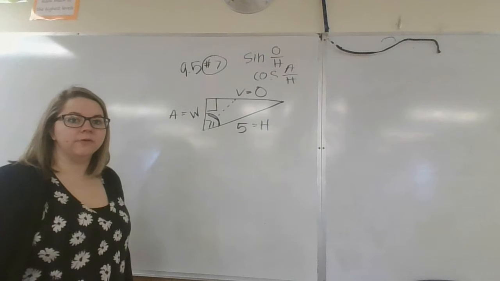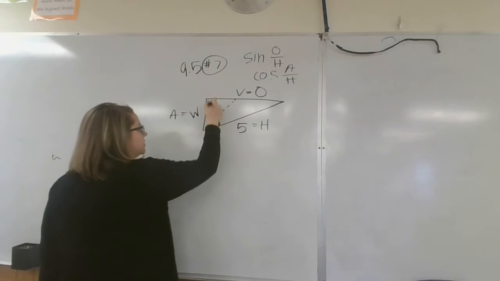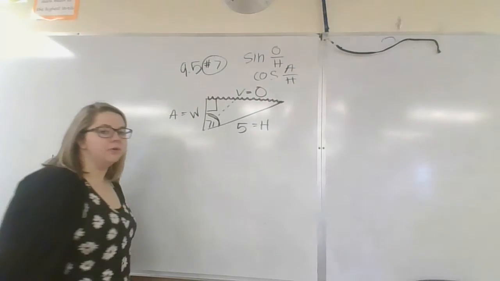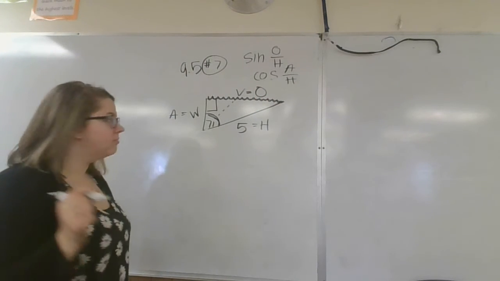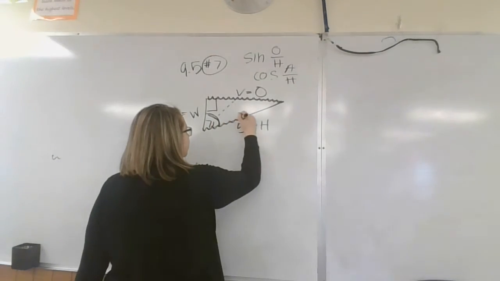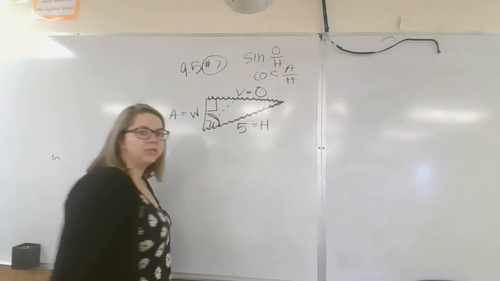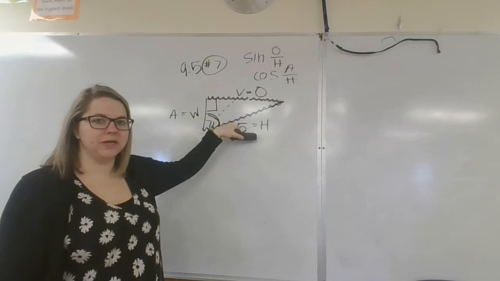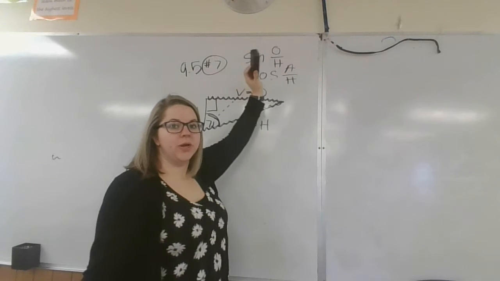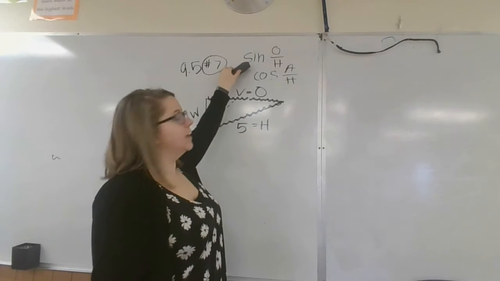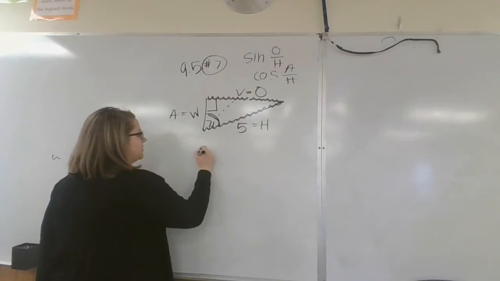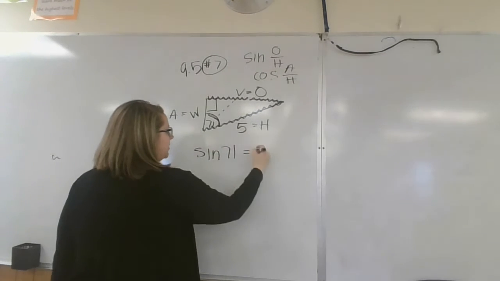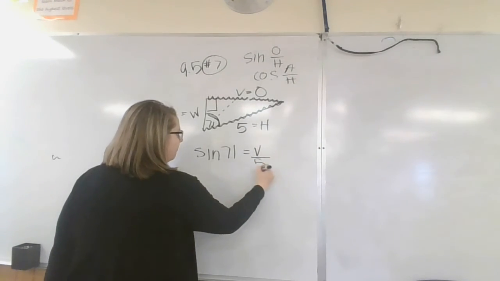Okay, well let's first solve for V. So here's V. I want to use this side, and I want to use the side that has the number, which is 5 here. So I want to use these two sides, V and 5. That's my opposite and my hypotenuse side. Sine or cosine, which one has opposite and hypotenuse? That's sine. So here I'm going to do sine of my angle, which is 71, equals V over 5.